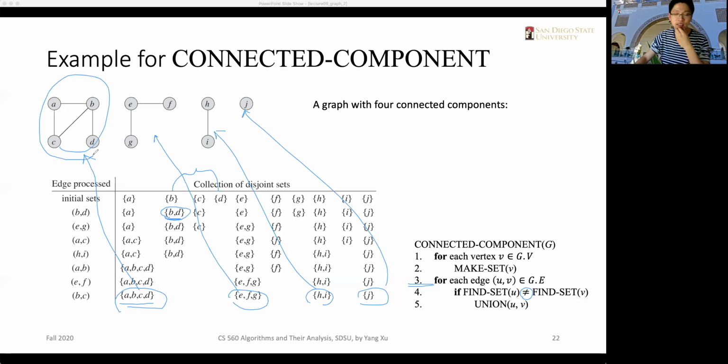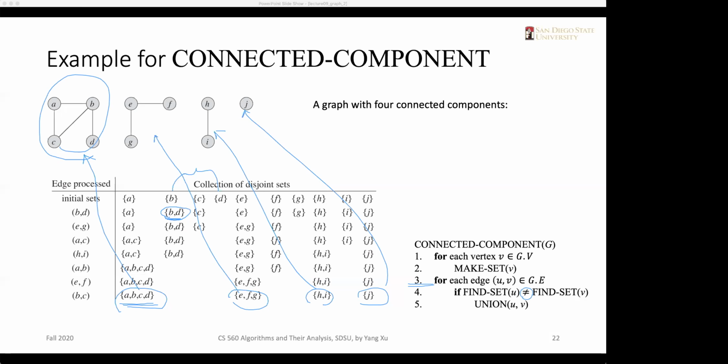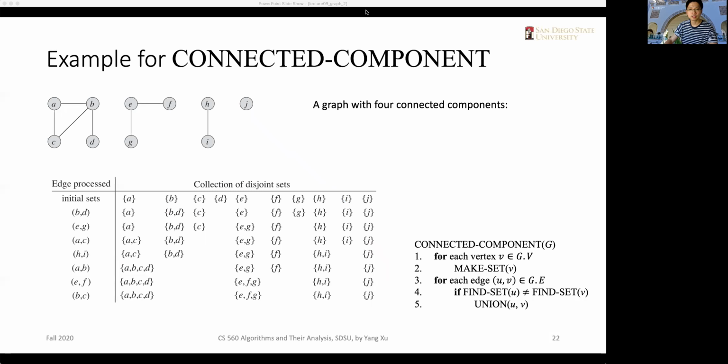A, B, C, D belong to one connected component, and the result is reflected in this set. They went into the same set. And the second component is also in a second set, then the third component, and the last component. So this is what the connected component algorithm does.